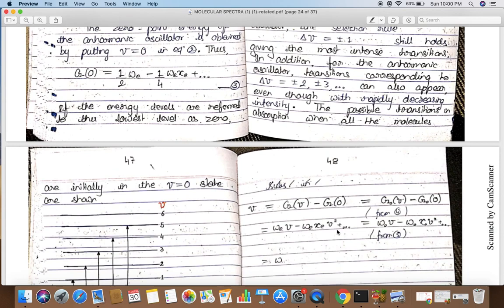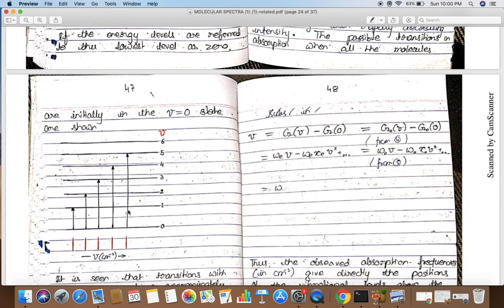Now transitions can take place not only from 0 to 1, but also from the first level to the second excited state, and from the second excited state to the third excited state. The separation is not equal: if this is the fundamental, then it is slightly higher compared to the next ones.